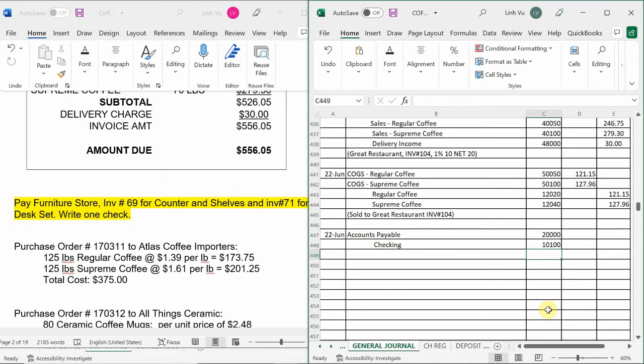Journal. Where is the list of the bills that you owe?